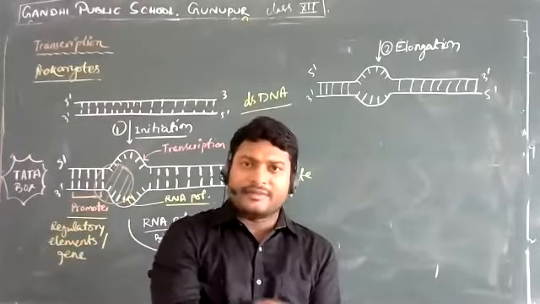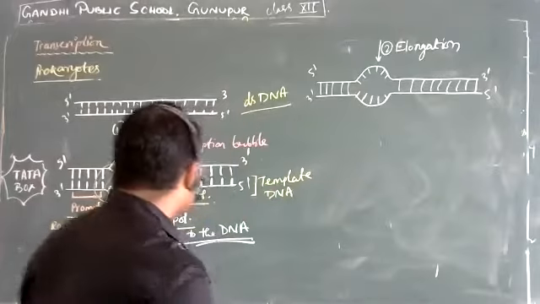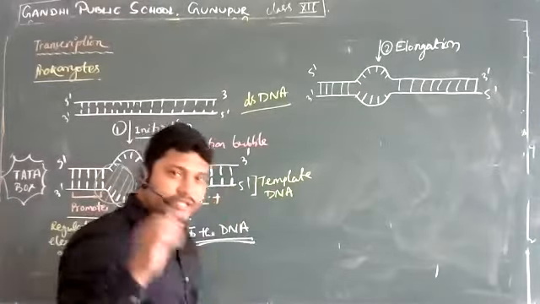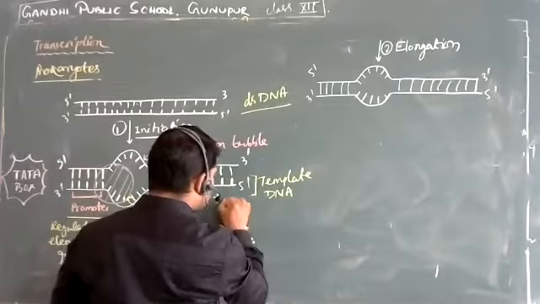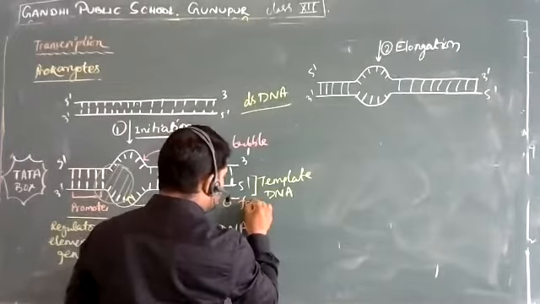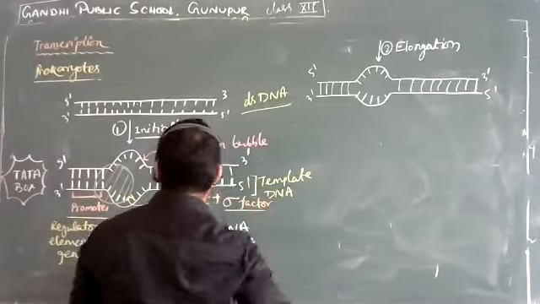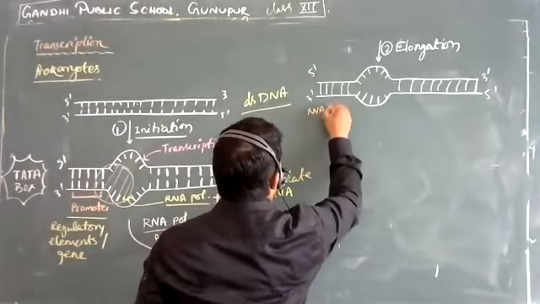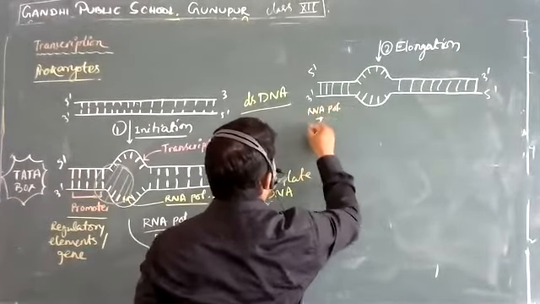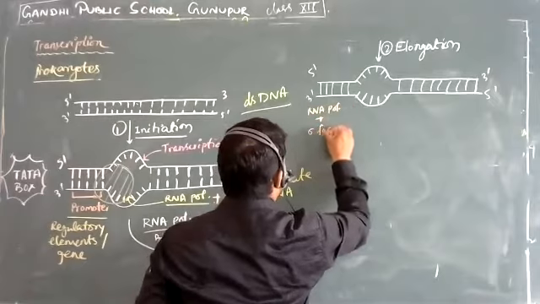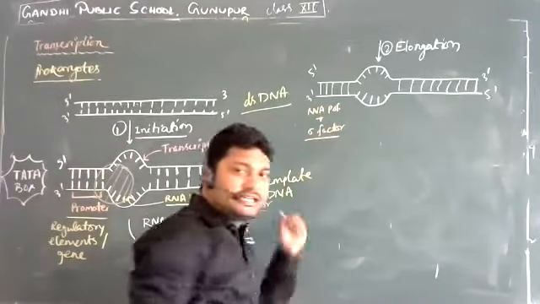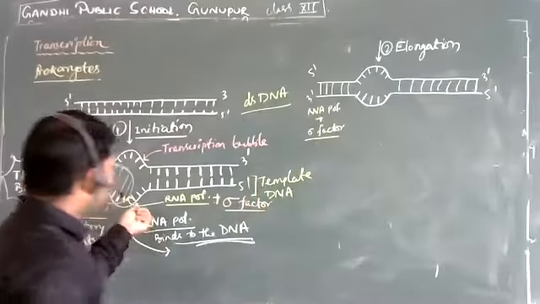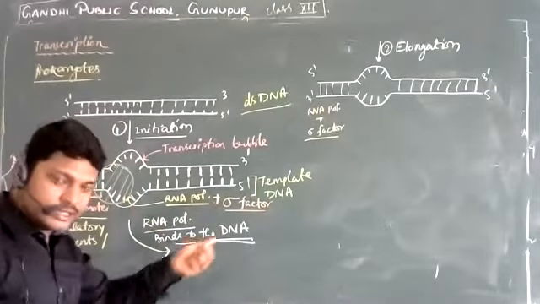So the RNA polymerase transiently or temporarily binds with something called the initiation factor, or the sigma factor. You are going to have the RNA polymerase plus the sigma factor, also known as the initiation factor, which will initiate the process of RNA polymerization.